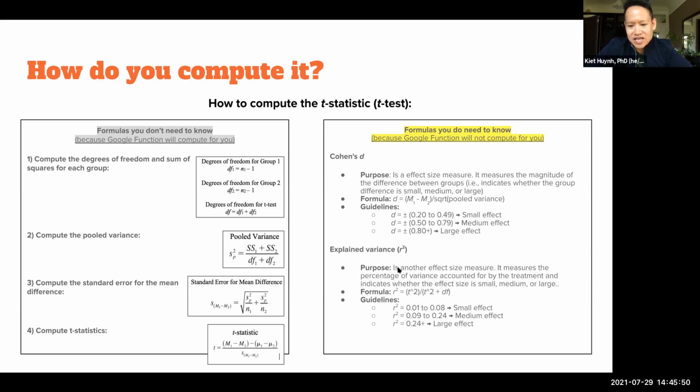For some people, this is more intuitive to think about: how much does the treatment account for the improvement or the change. But for the t-test you could put either one. I'll probably ask you for the Cohen's d because that's more common to be put in the t-test.